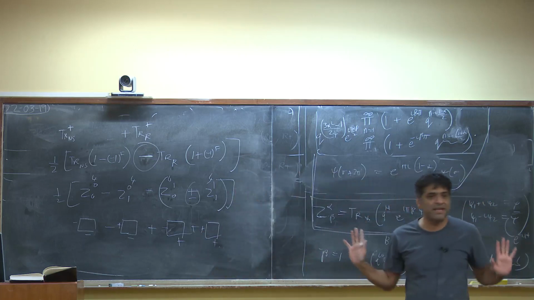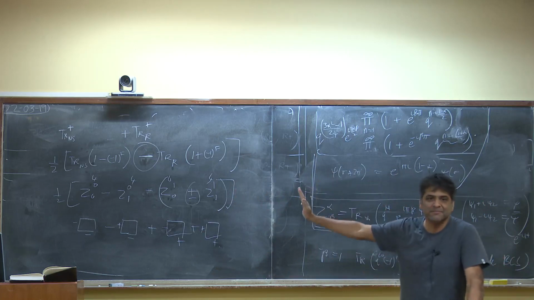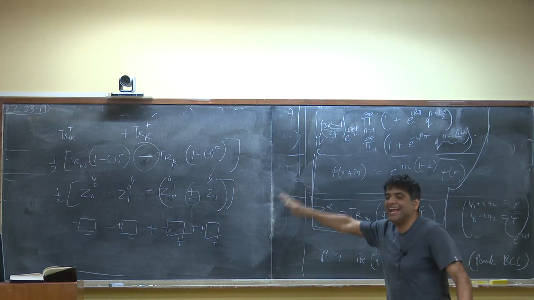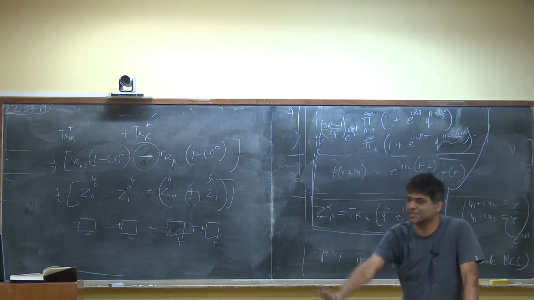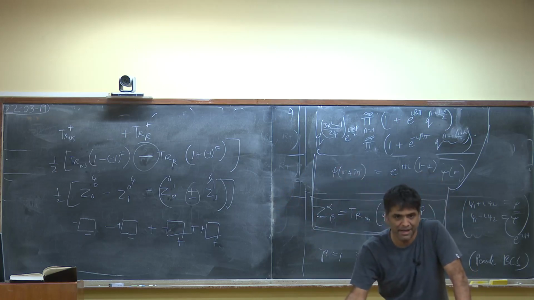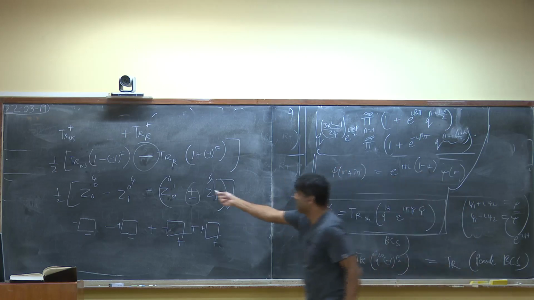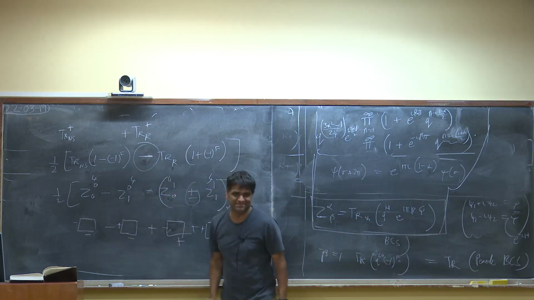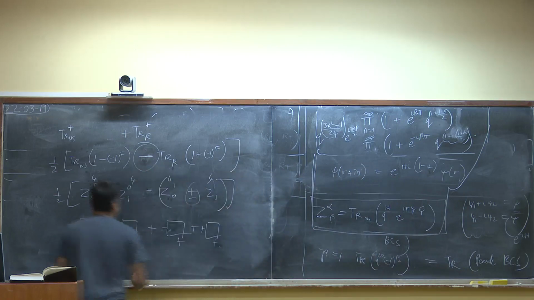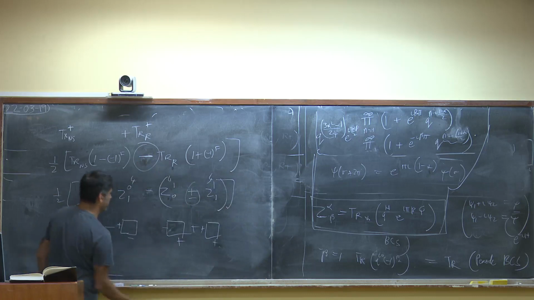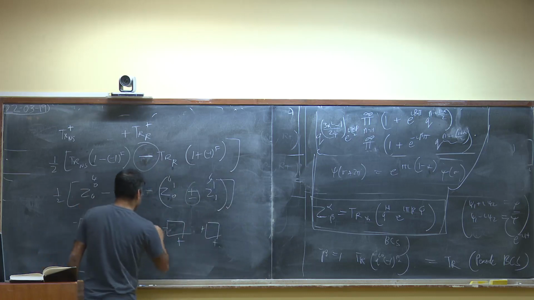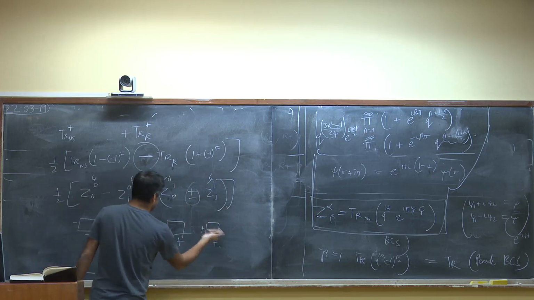We're going to do what it takes to make it modular invariant. This is maybe just an interpretational remark right at the end. The combination that's going to turn out to be modular invariant is this with a minus sign. So I'm going to take this and put it with the minus sign, and put this with a plus or minus.